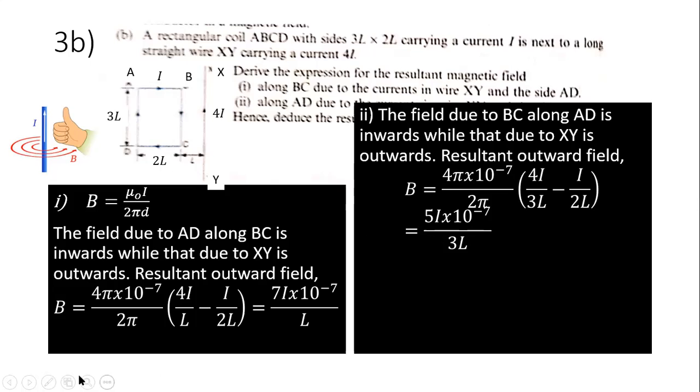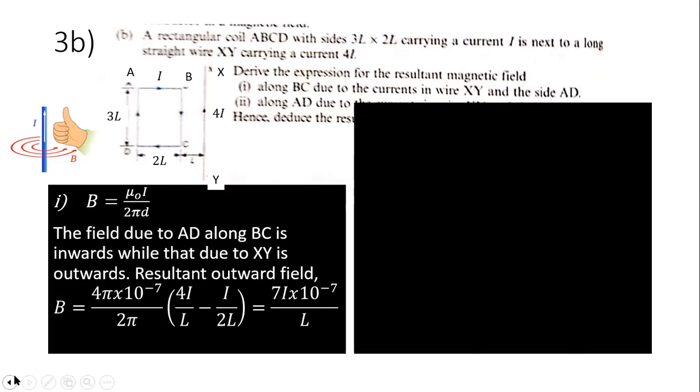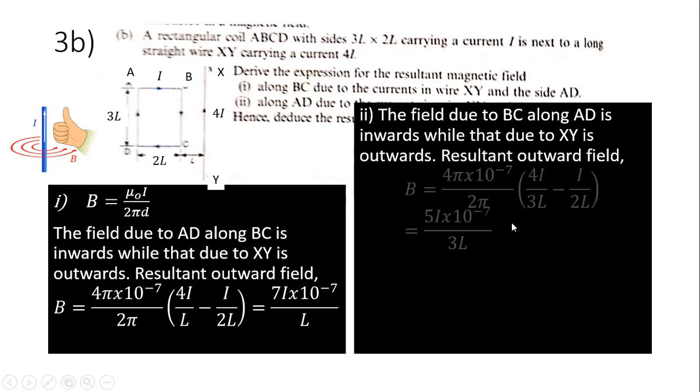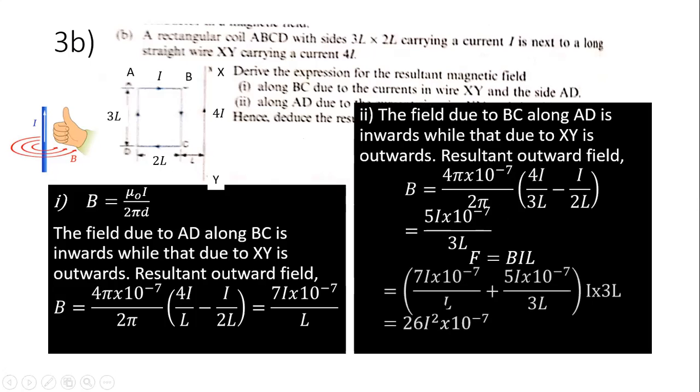Hence, deduce the resultant force on the coil. BIL, that's all. Find the resultant field. Remember, both of them are in the same direction, outwards.